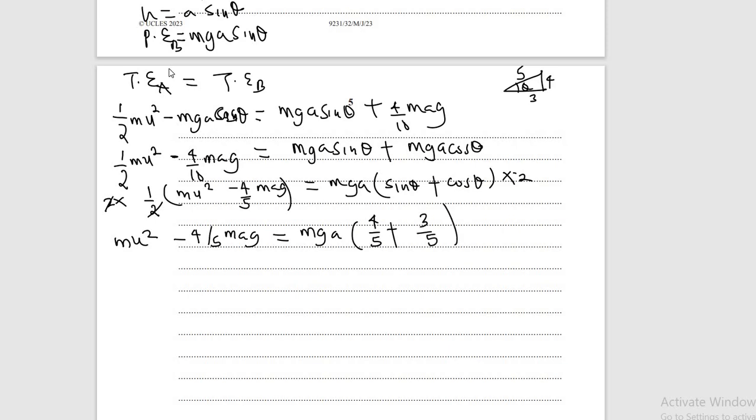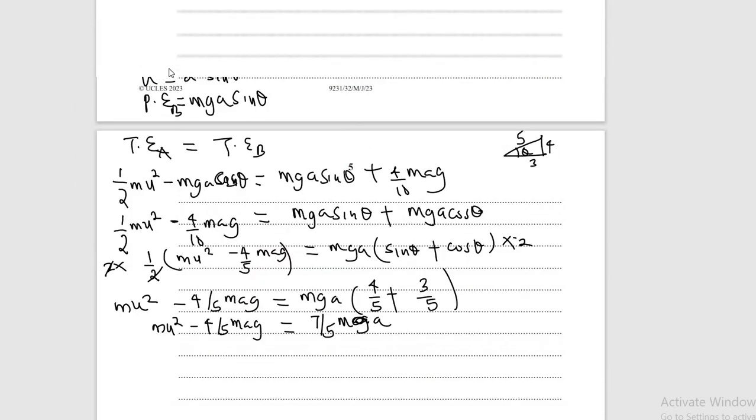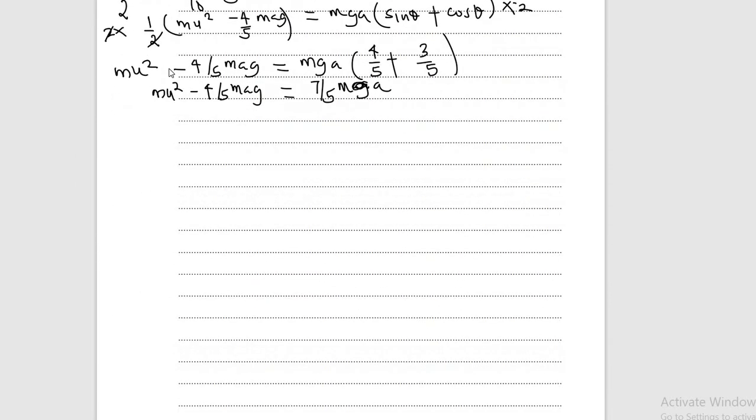So at the end of the day, we have mu squared minus 4 over 5 mag equal to 4 over 5 plus 3 over 5. I think we have 7 over 5 mga. So from here, we have mu squared equal to 7 over 5 mga plus 4 over 5 mag.